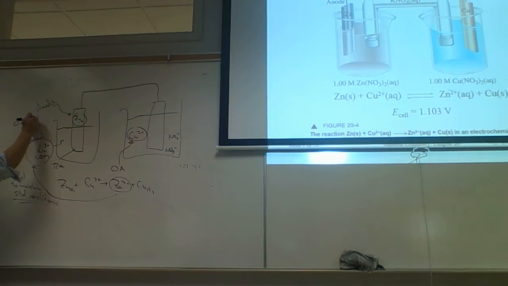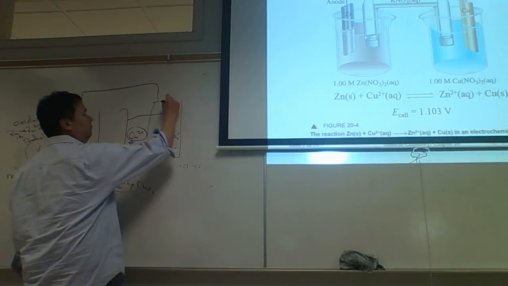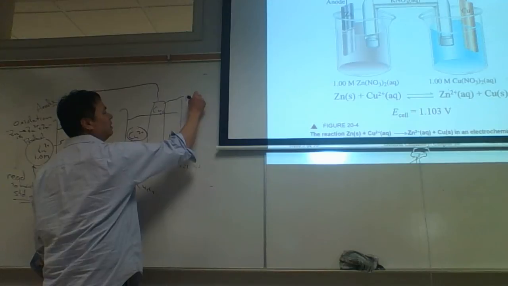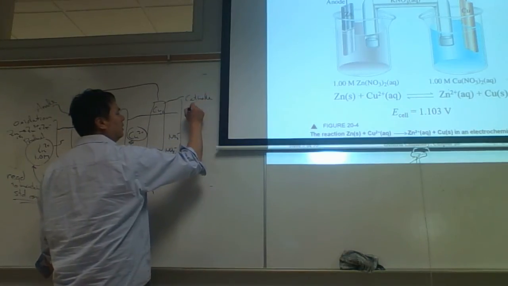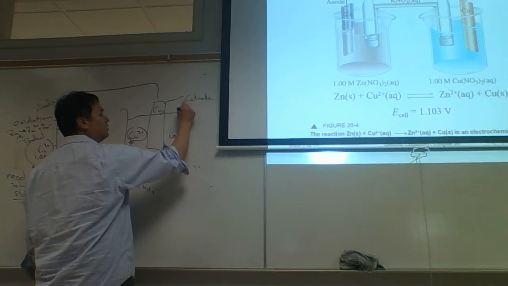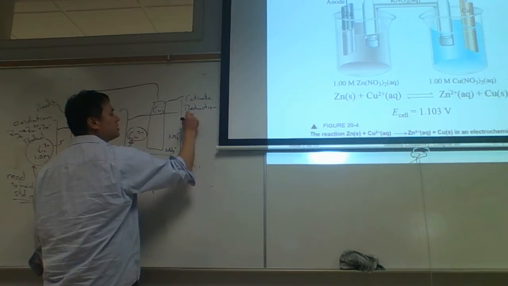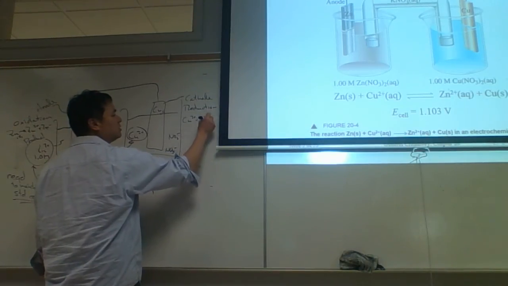So oxidation occurs at the anode, and the half reaction here is zinc solid goes to Zn2+ plus 2 electrons. Over here, this chunk of copper is called the cathode. And at the cathode, reduction occurs. The reduction reaction is copper 2+ plus 2 electrons yields copper solid.